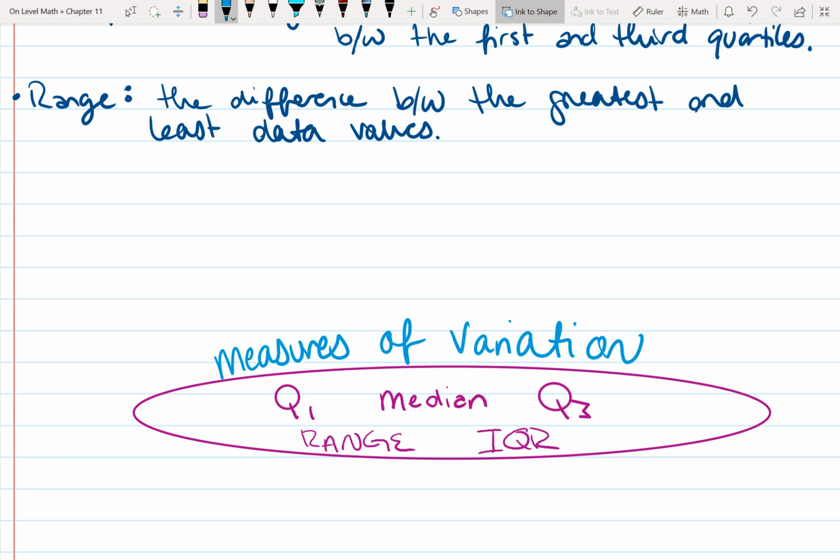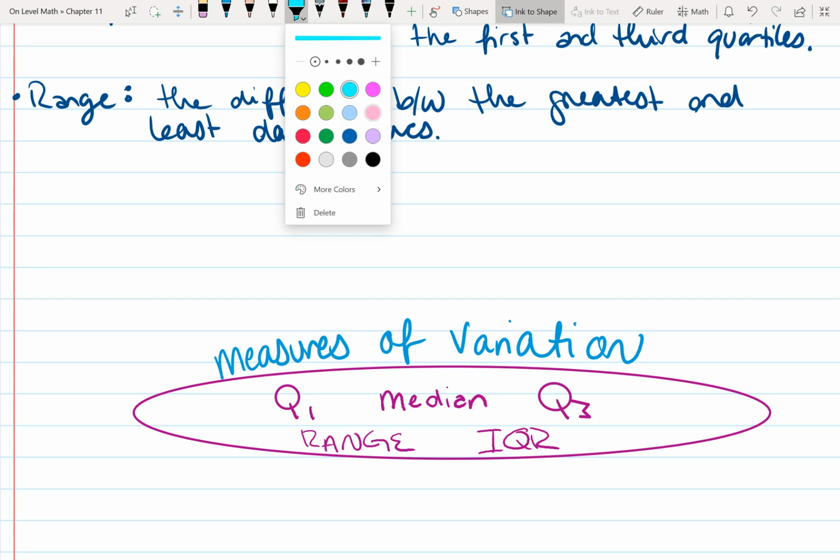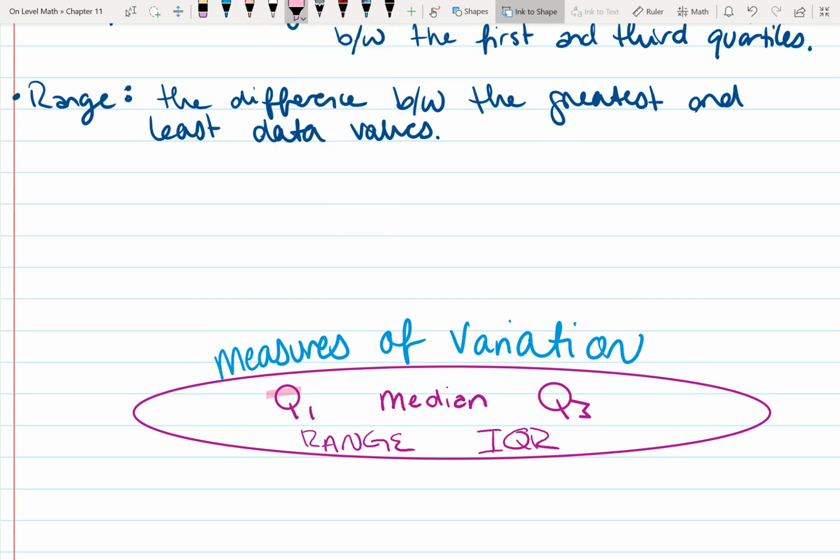Then you'll find the range, and the range is the greatest minus the smallest, which we should be familiar with at this point. You did that last year in 5th grade. And then IQR, that's the interquartile range.